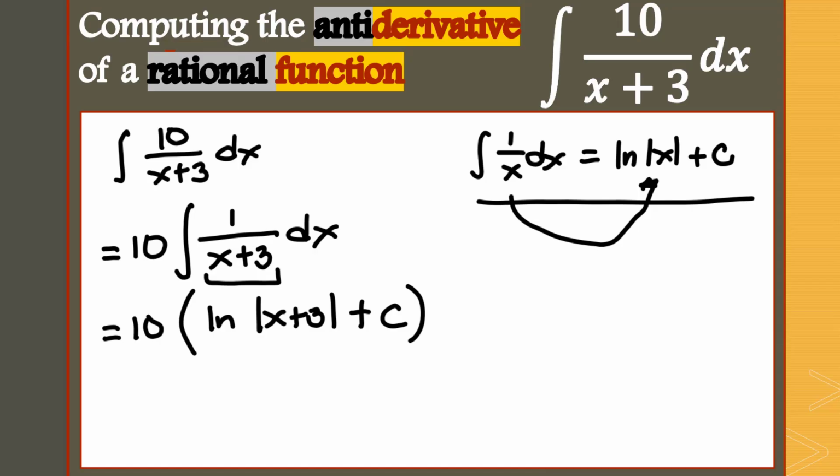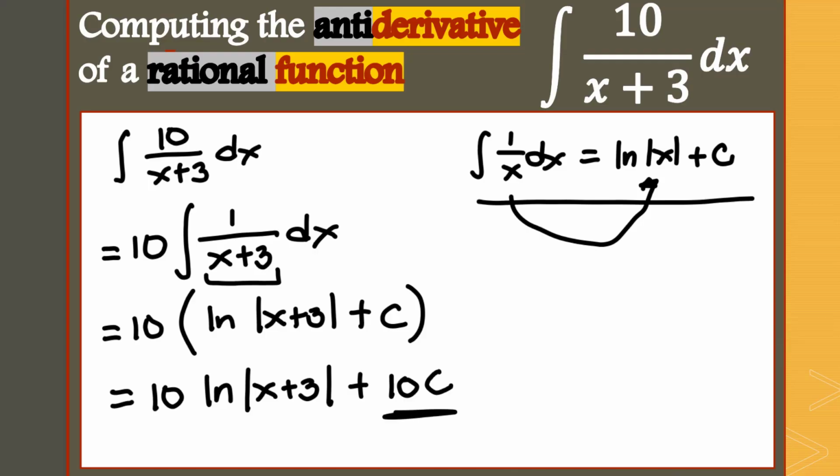With that, we can multiply 10 to both terms. You have 10 times the natural logarithm of the binomial expression x plus 3, plus 10c. But since this c is already an arbitrary constant, regardless of whether it has a multiple of 10 or other constants, we can write that as one arbitrary constant c.